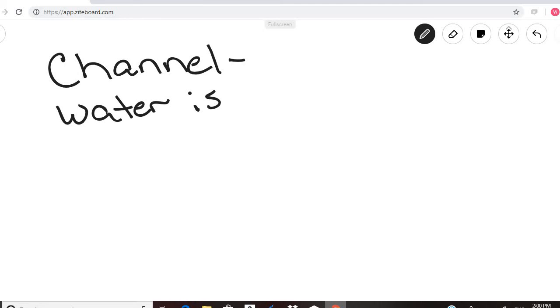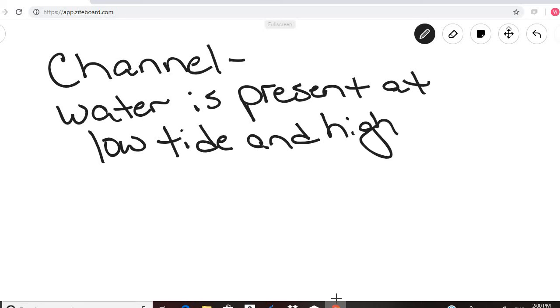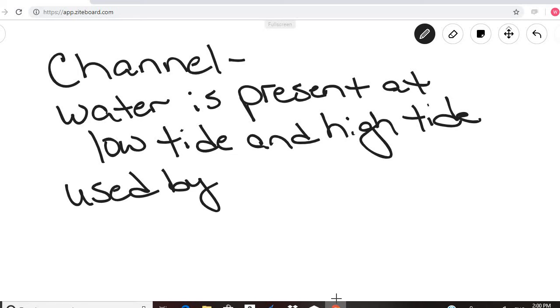Water is present at low tide and high tide. Often these channels are used by fish for spawning or to raise their young.